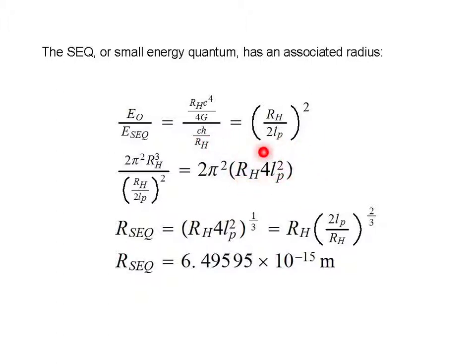A portion of this factor is the radius cubed, so we take the cube root to get the radius of the SEQ, and we find it to be r sub h times 2lp over r sub h to the 2/3 power. Numerically, that comes to about 6.5 times 10 to the minus 15 meters.